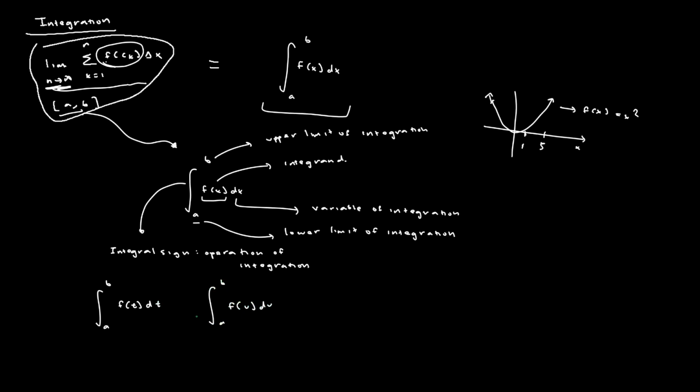The idea here is all of these integrals will evaluate to the same value, even though we changed up the variable, because as long as the function itself is the same, like if the original function f of x was equal to x squared, as long as when we changed the variable to u, we get u squared, and t, we get t squared, we're basically doing the integral over the same function, right? We're just changing the variable name.